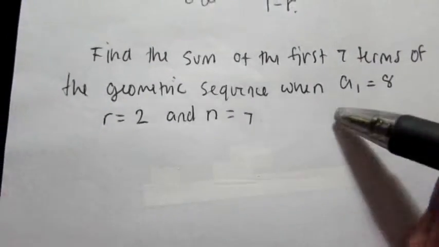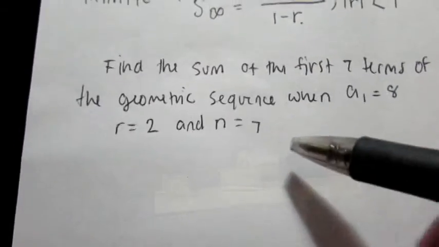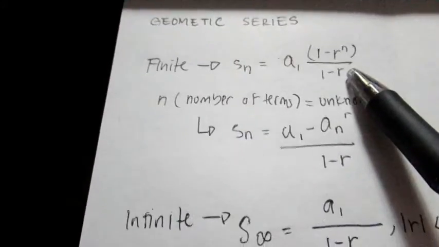All we need to do is just substitute the following values, and since we know n is equal to 7, we use the first formula.